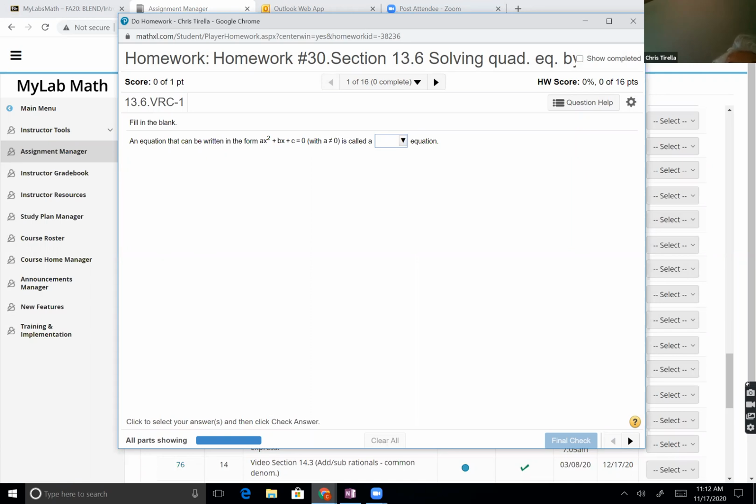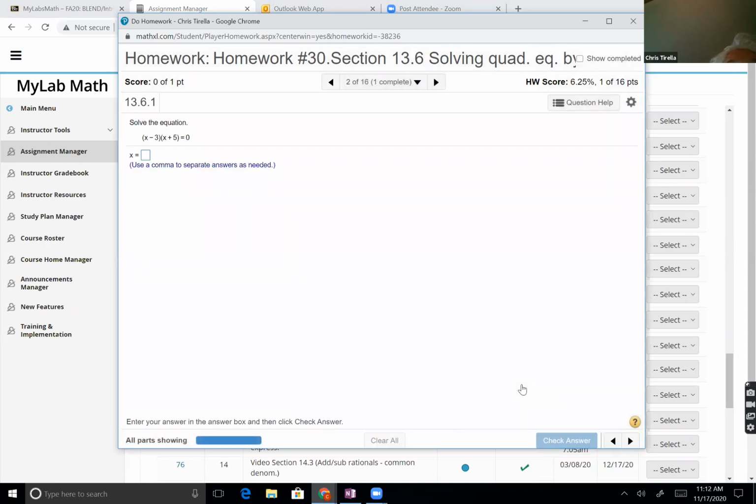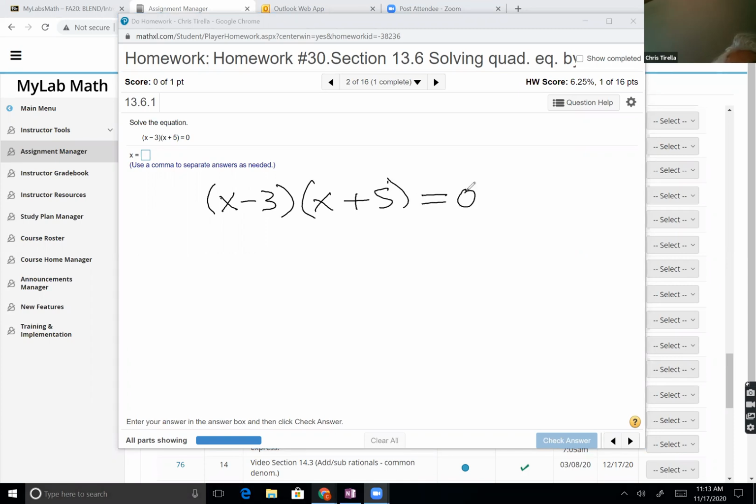An equation of that form, I think we had defined as a quadratic equation. Hopefully that definition is all right for everybody. To solve this equation, these first couple that you're going to see in the homework, we've got it factored already, and one side equaling 0.